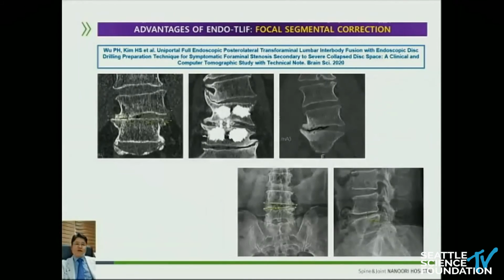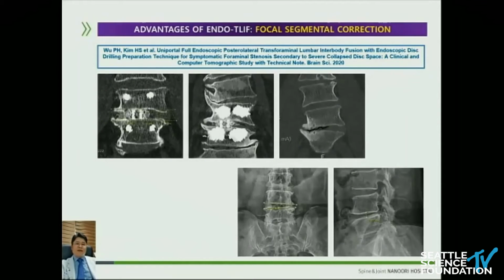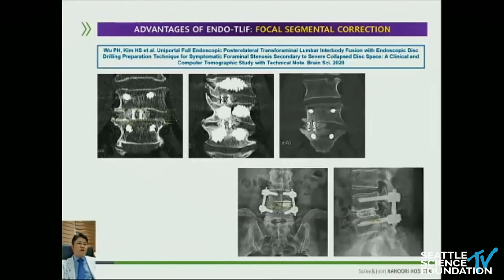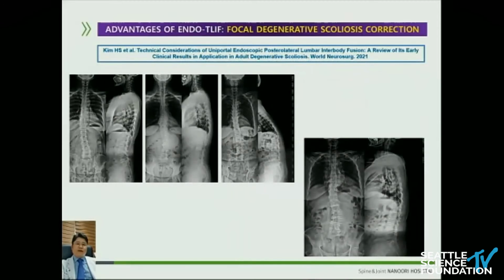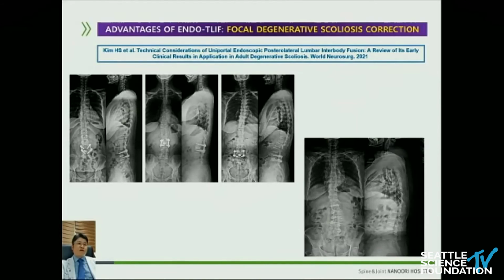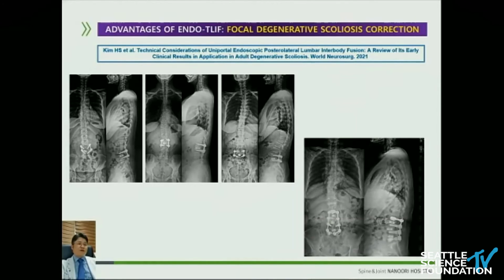The third advantage is that, since the disc height restoration is well done, focal segmental correction can also be effectively performed. Because of that, some adult degenerative scoliosis can be effectively corrected through the several advantages of posterolateral uniportal full endoscopic TLIF.